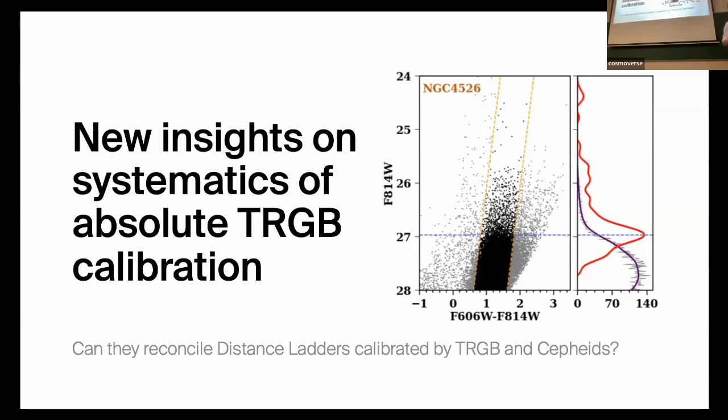And one of the issues involved in this measurement is that the actual luminosity function here is this jaggedy, noisy histogram. You need to smoothen out that histogram in order to calculate a noise-limited tip of the red giant branch magnitude, which is defined as the inflection point along that luminosity function.